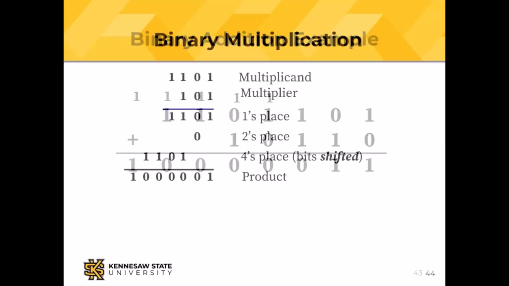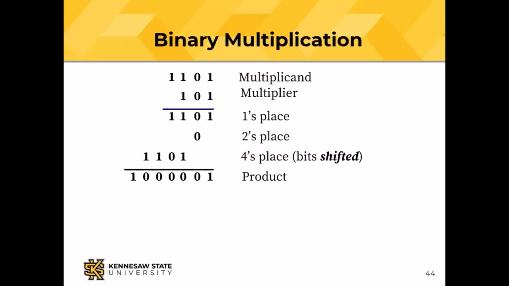All right, let's look at binary multiplication. This is cool because 1 times something or 0 times something. 1 times something is just the something, right? And 0 times something is 0. No actual multiplication has to take place.